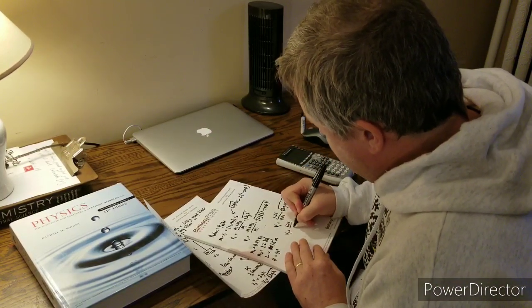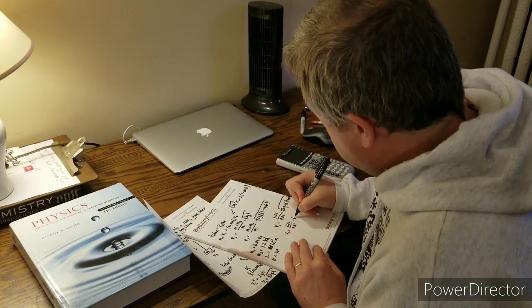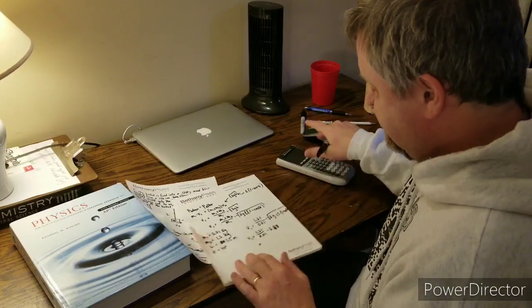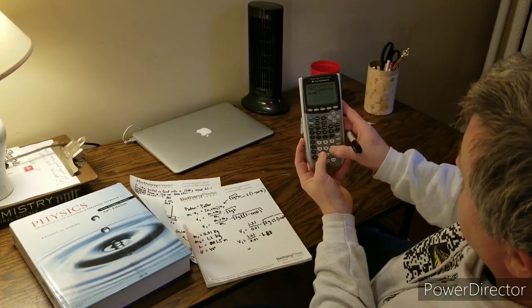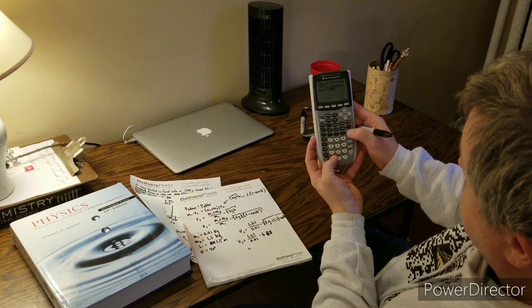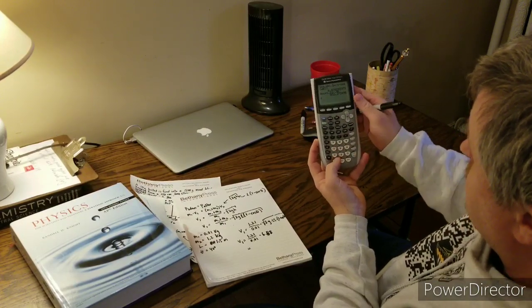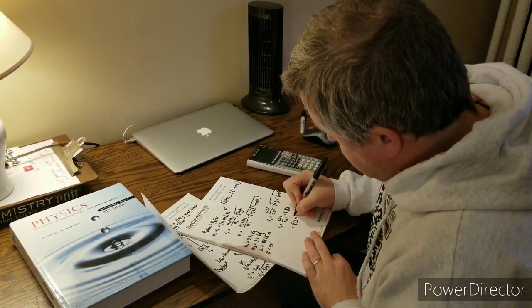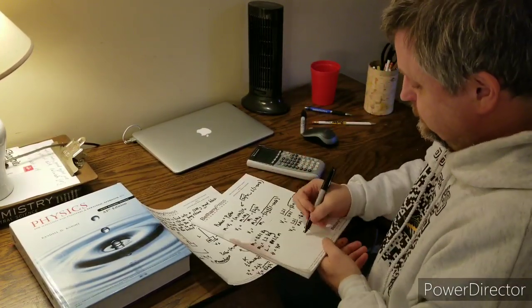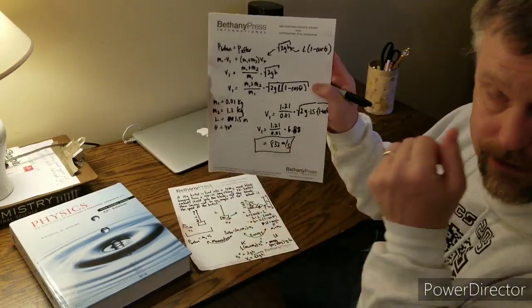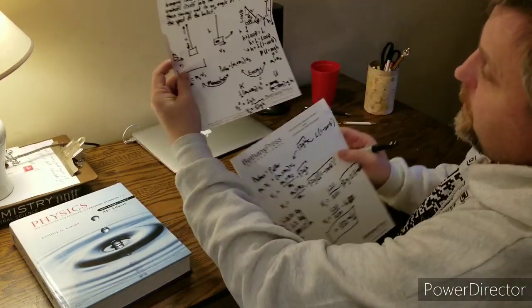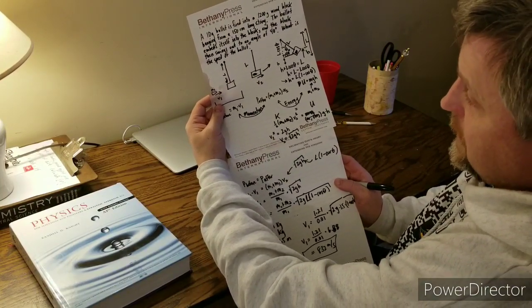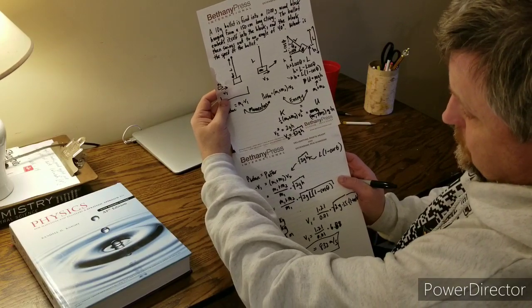So 1.21 over 0.01 times 6.88, which is 832 meters per second. That is our speed. And that is somewhat of a complicated problem, where we had to use energy and momentum to find the solution.